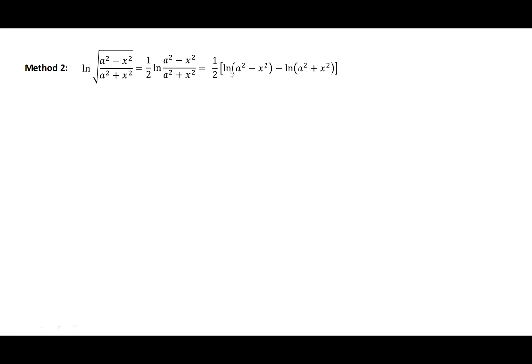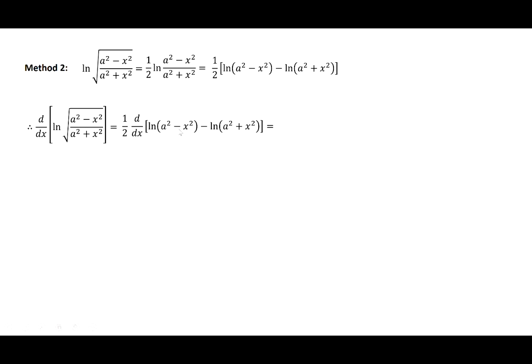So we can write this as 1/2 times natural log of a square minus x square minus natural log of a square plus x square. And this, I want to say, is much easier to differentiate because of the subtraction. There is no need for any quotient rule or anything like that.